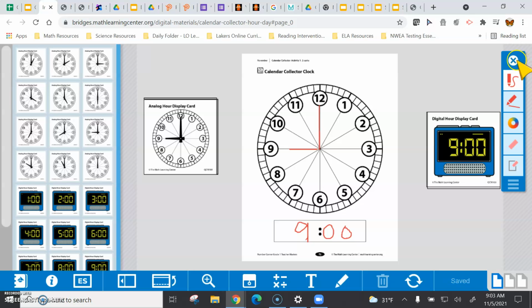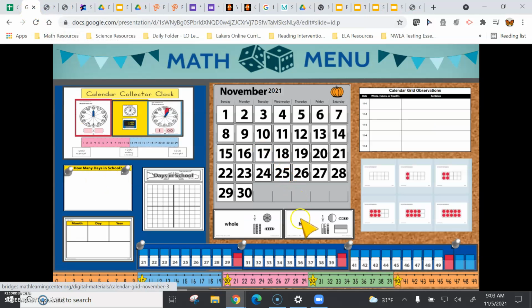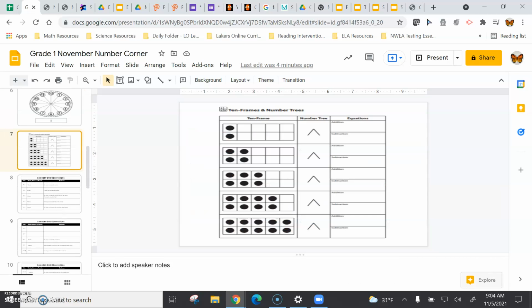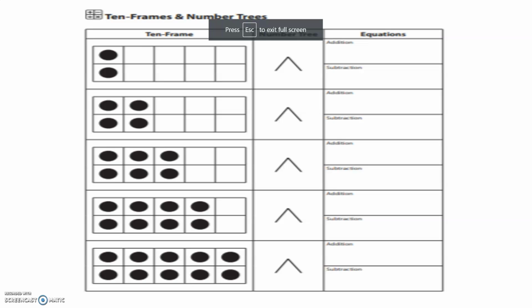Today, All Stars, I have a different activity for you that we're going to work on. This activity today is different than what we have been doing, but it does talk about something we have mentioned. If you look on the screen, we have information about 10 frames.